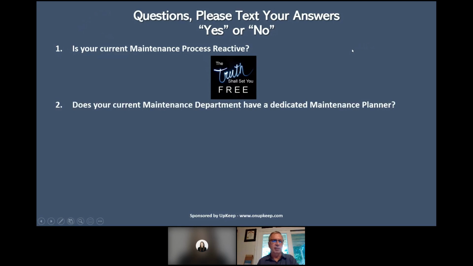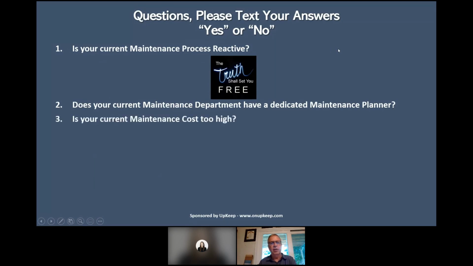So most people are saying yes. Does your current maintenance department have a dedicated maintenance planner? Yes or no? 60% no, 40% yes. I expected that.